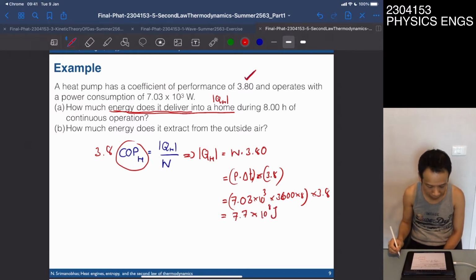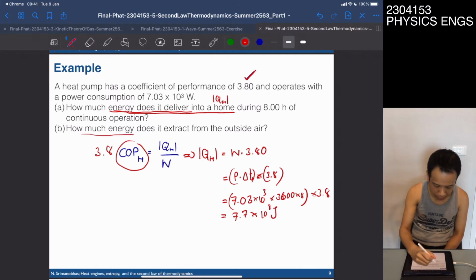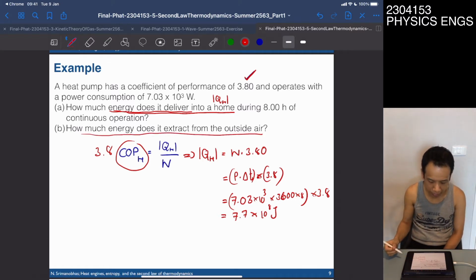Then, how much energy does it extract from the outside air? Of course, this is a heat pump, so it needs to extract energy from the cold side.